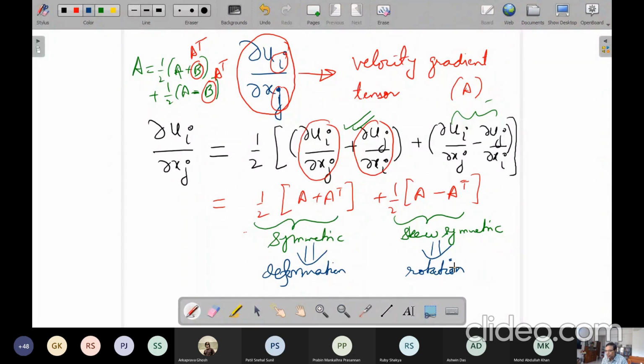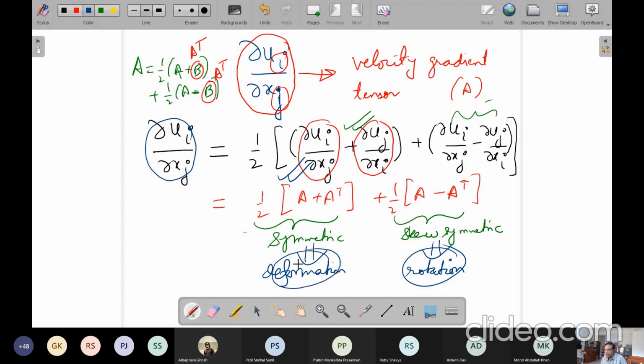Out of that, the linear, angular, volumetric, all sorts of deformation we can fit into this part. And the rotation, which is like a rigid body type, is segregated by this. So in this way, you have described the velocity gradient tensor as a linear superposition of deformation and rotation.